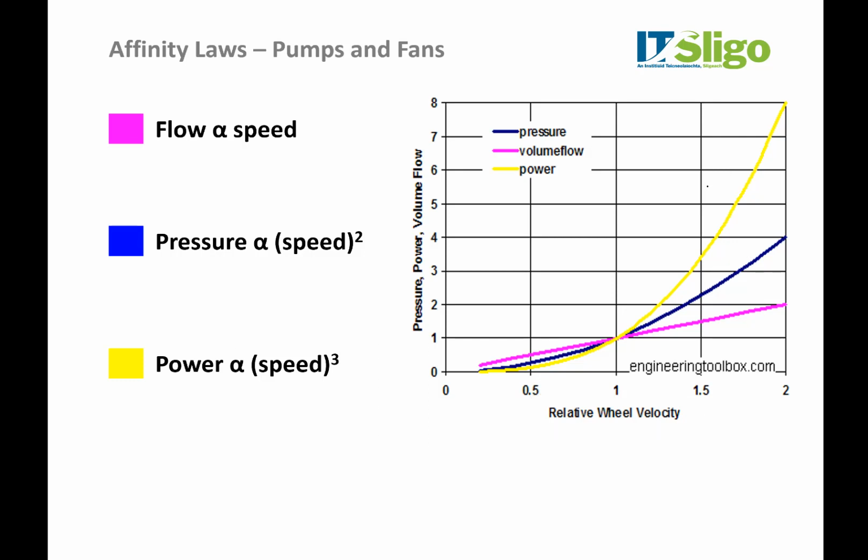Just to put this into context, I had a student years ago. I used to teach energy management, and he worked in, I won't give the name, a huge factory in the Midlands. He went into all the clean rooms and reduced all the speeds by, I think it was 10 to 15%, and saved £1 million a month on that company's electricity bill.